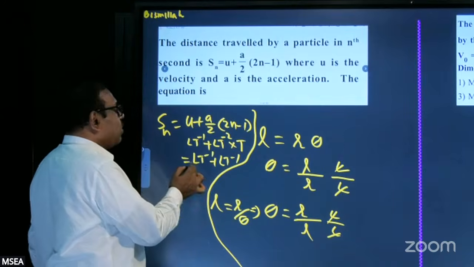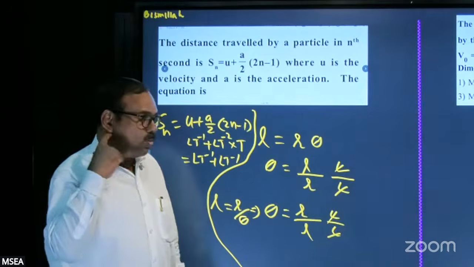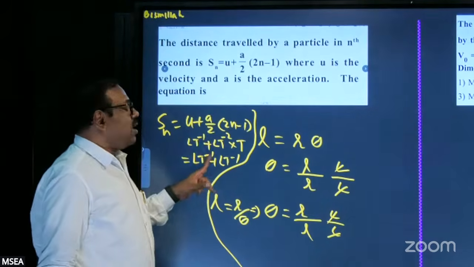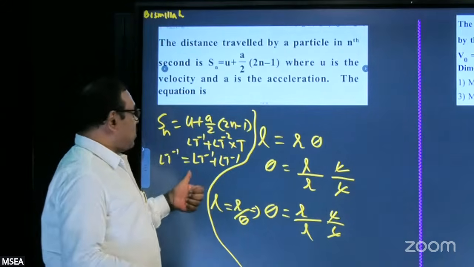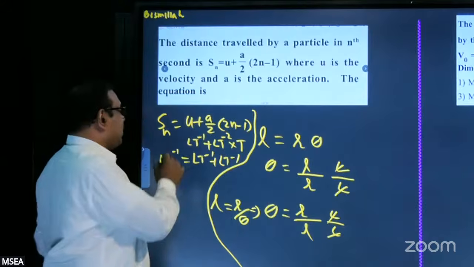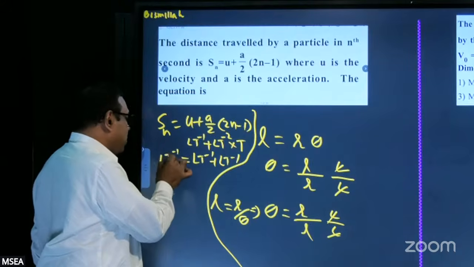According to the principle of homogeneity, Sn is also LT minus 1.